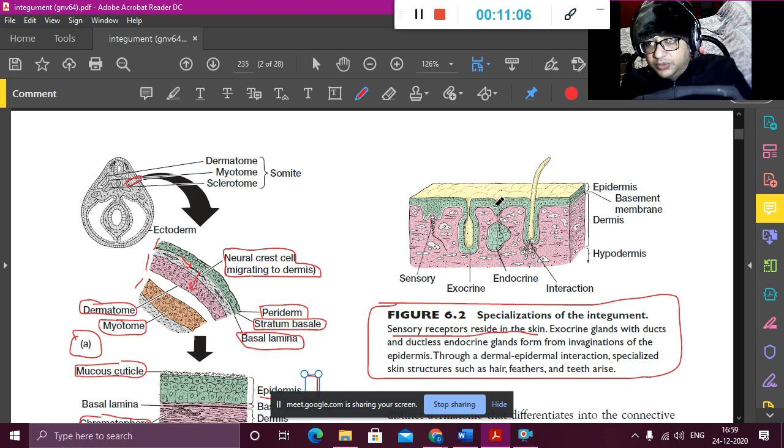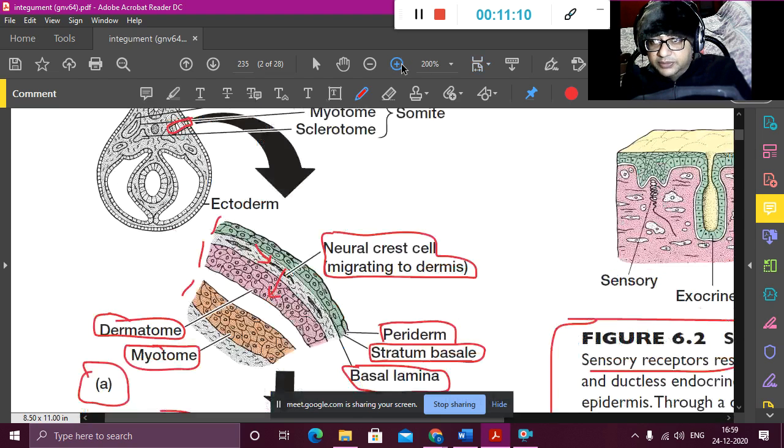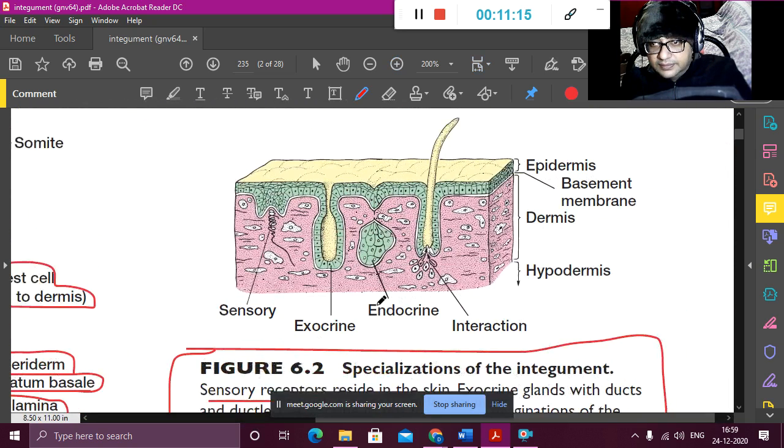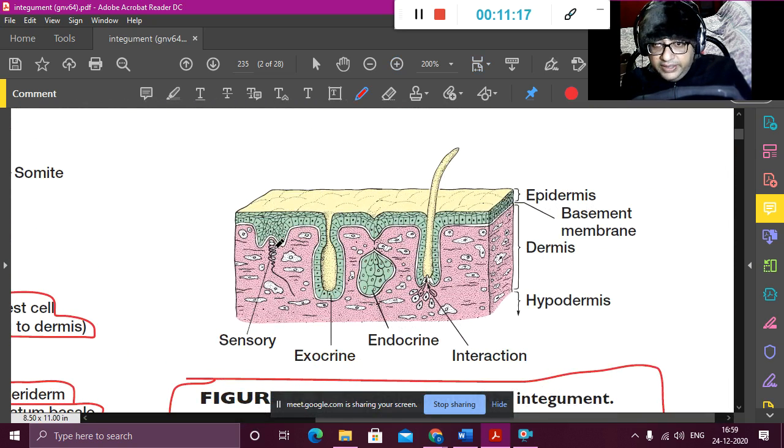Sensory receptors, what are these? Let me increase the size once more. You find these are sensory receptors. There are certain receptors. They exist in this region, in the dermis.